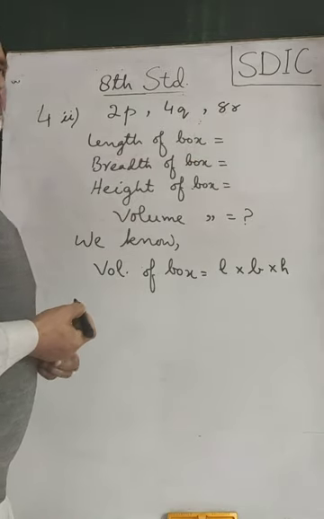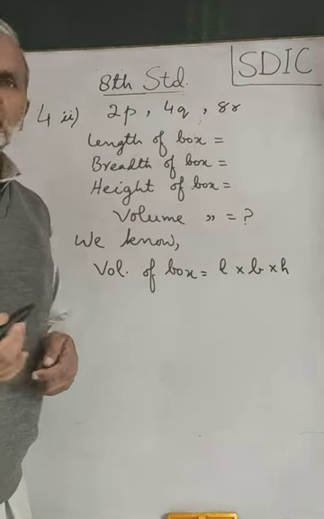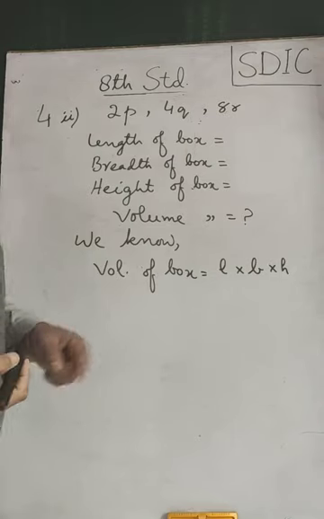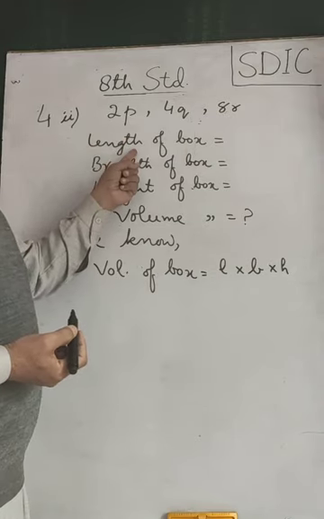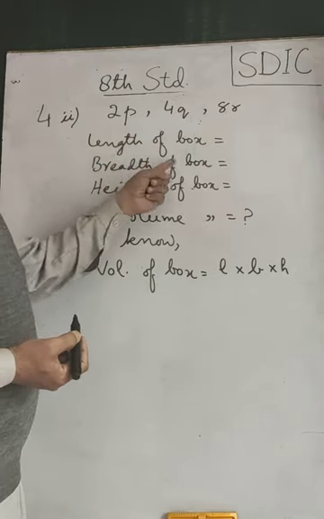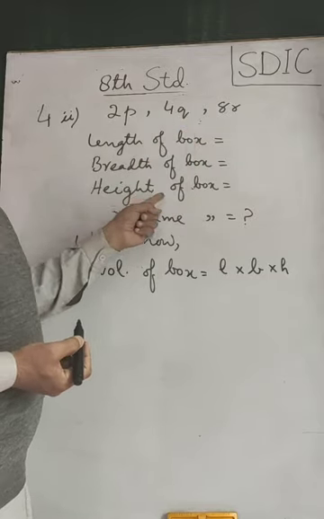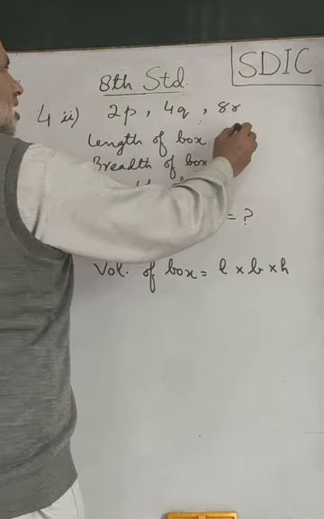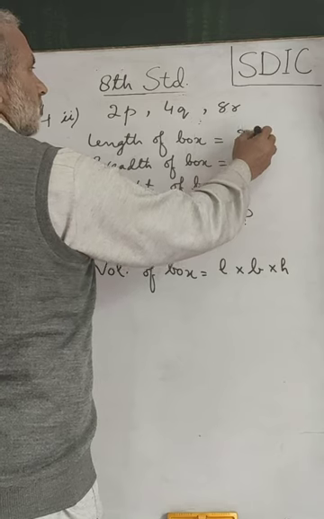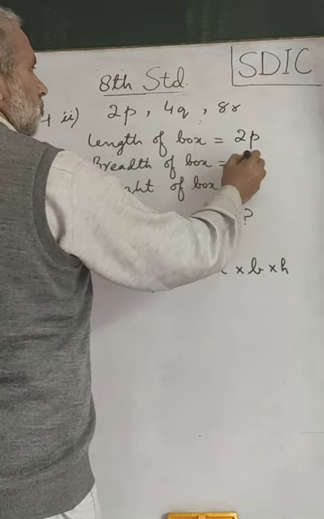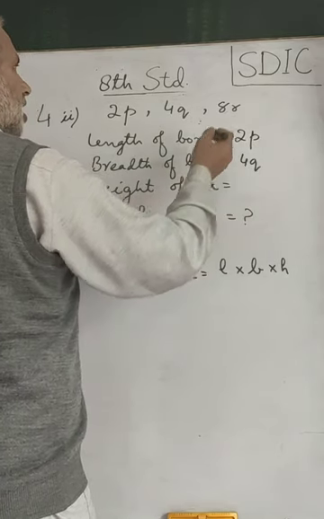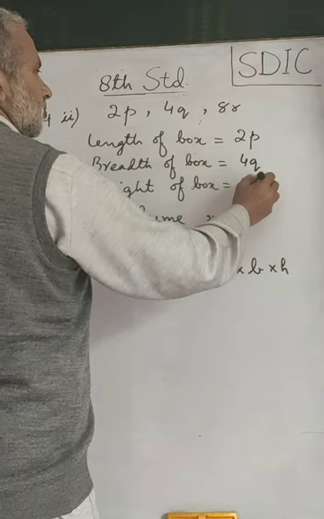These are the dimensions now. Now as per the statement, the word respectively is there. 2p will be the length of the box, 4q will be the breadth of the box, 8r will be the height of the box. So write against length 2p, against breadth 4q, against height 8r.